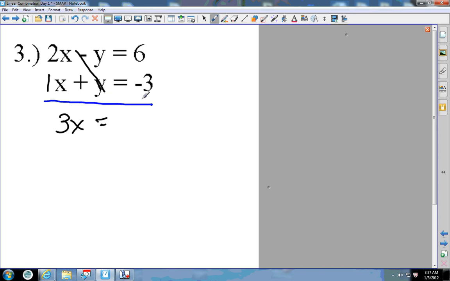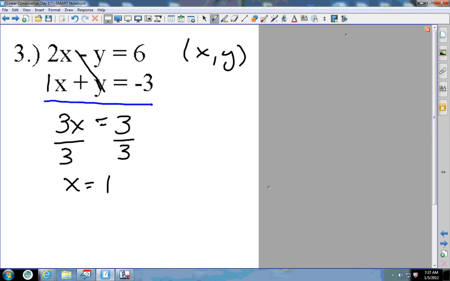Six minus 3? 3. What do I do from here? Divide by 3. Oh, x equals 1, right? Remember, the solutions are x then y. X is 1.